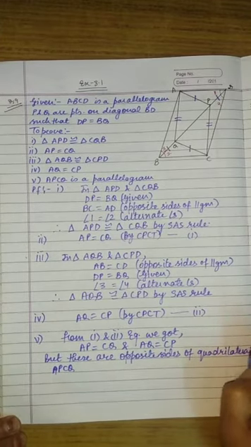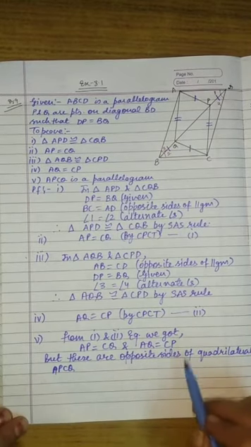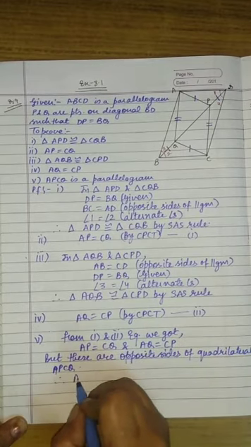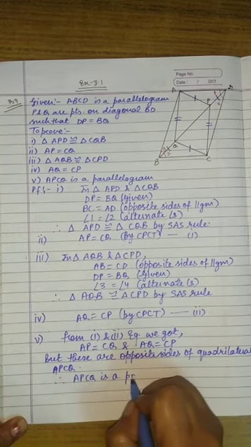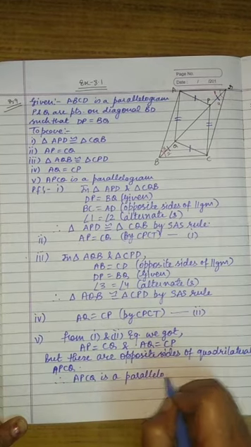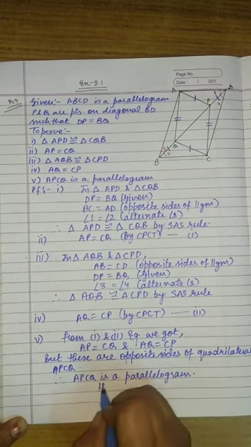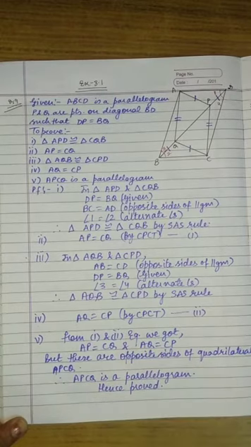Now if opposite sides of a quadrilateral are equal, therefore APCQ is a parallelogram. So hence all our parts are proved.